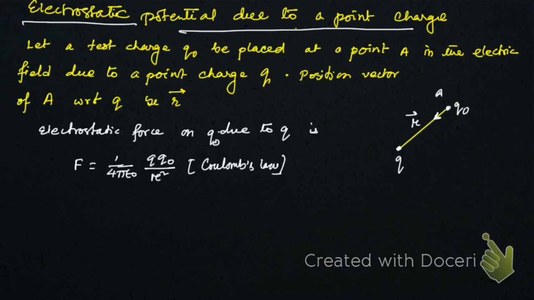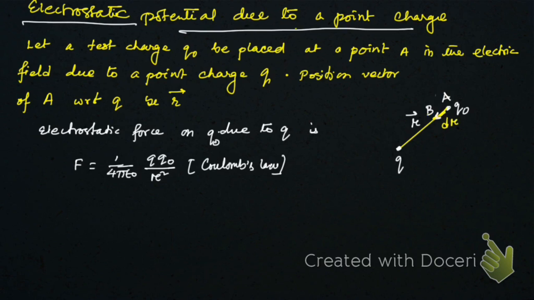Now this Q naught charge is moved through a very small distance dr against this electrostatic force F, from point A to point B. Suppose this is the point B and this is the point A, right? So through a very small distance dr it is moved, right?